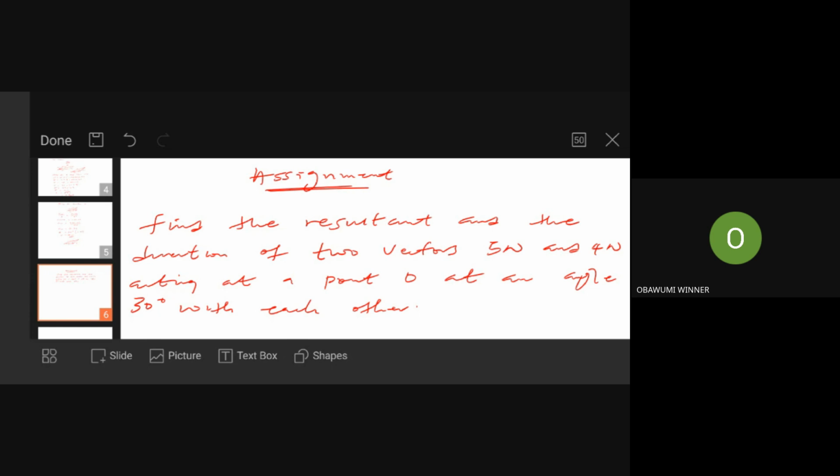Vector quantities are quantities with both magnitude and direction, meaning that in solving questions on vectors, you must consider the direction of the vector. I gave an instance: if a boy walks from point A to B and then walks back from B to A, and they ask for the resultant displacement, notice displacement is a vector, so I have to consider the direction.